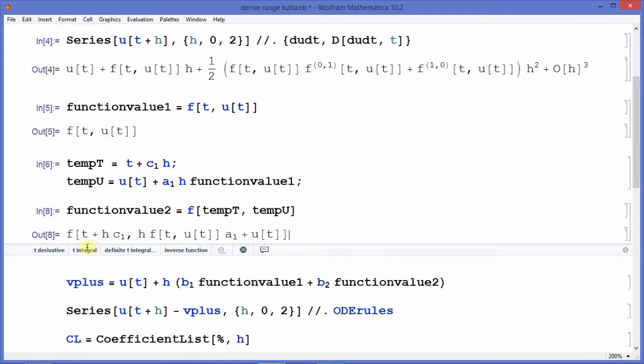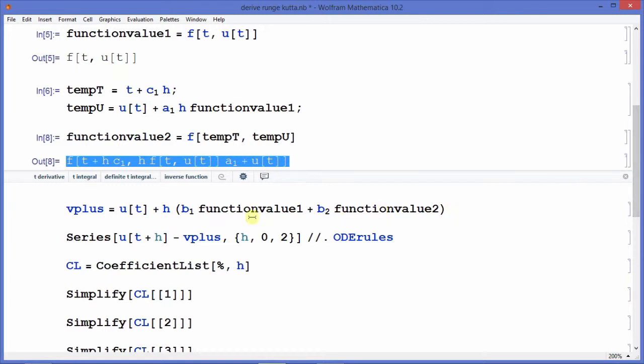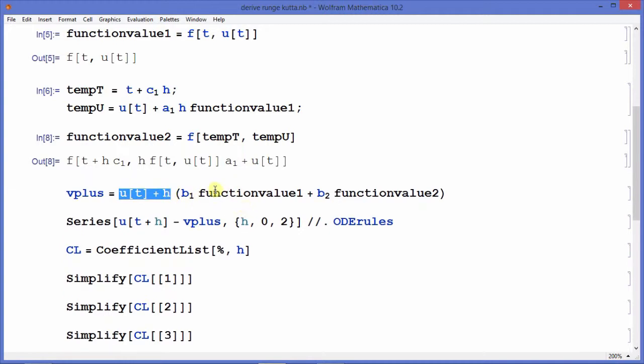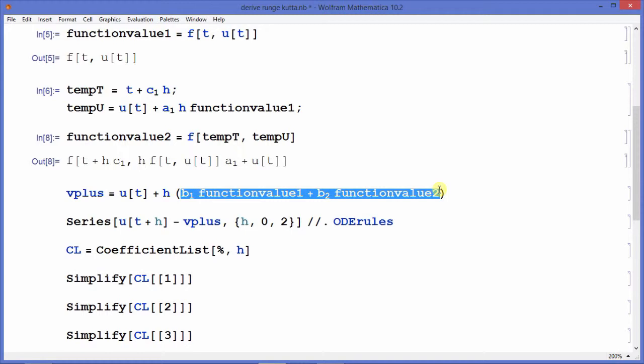So we have this nested mess. And then what we'll do is use those two function evaluations for my time step. So we'll take u of t plus h times, not just the function value, but the combination of those two function values. So I've introduced these four constants, c1, a1, b1, and b2.